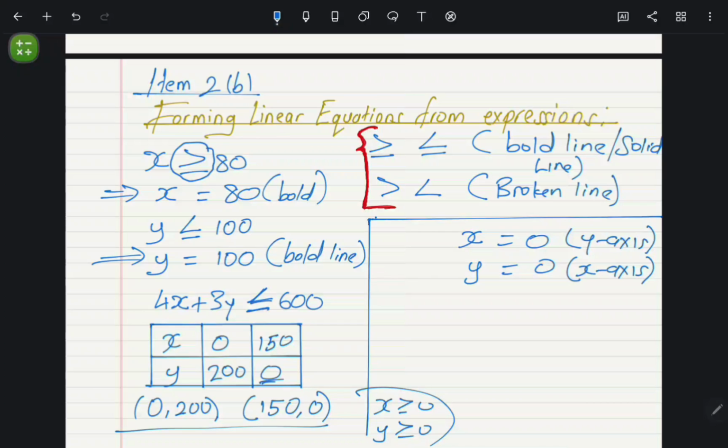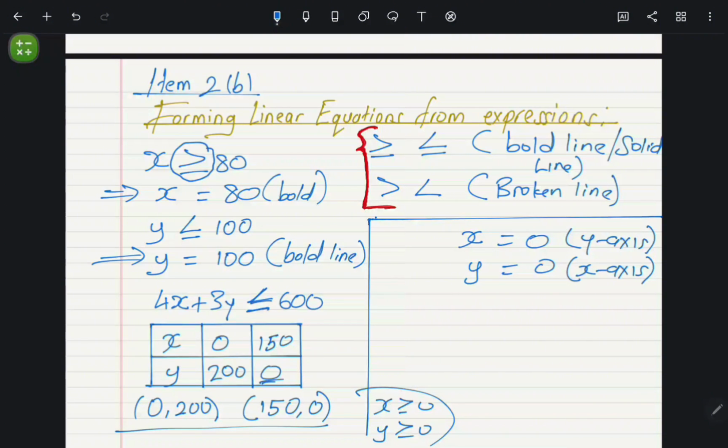But when we shall be labeling our axes, we are not going to label them as x is equal to 0 or y is equal to 0, but rather y-axis and x-axis. So the y-axis and x-axis also have to be drawn as bold lines. They have to be drawn as bold lines because the uniforms that they are going to make cannot be in negatives.